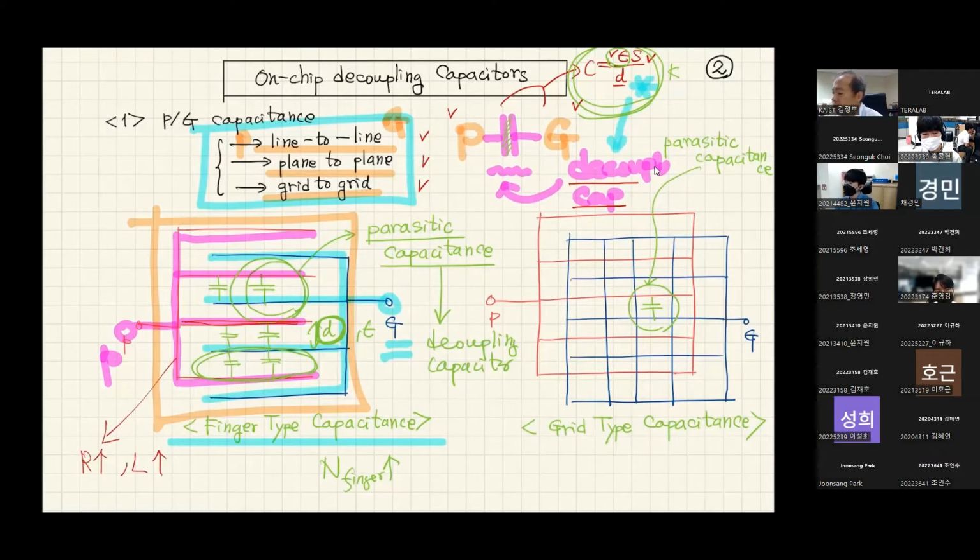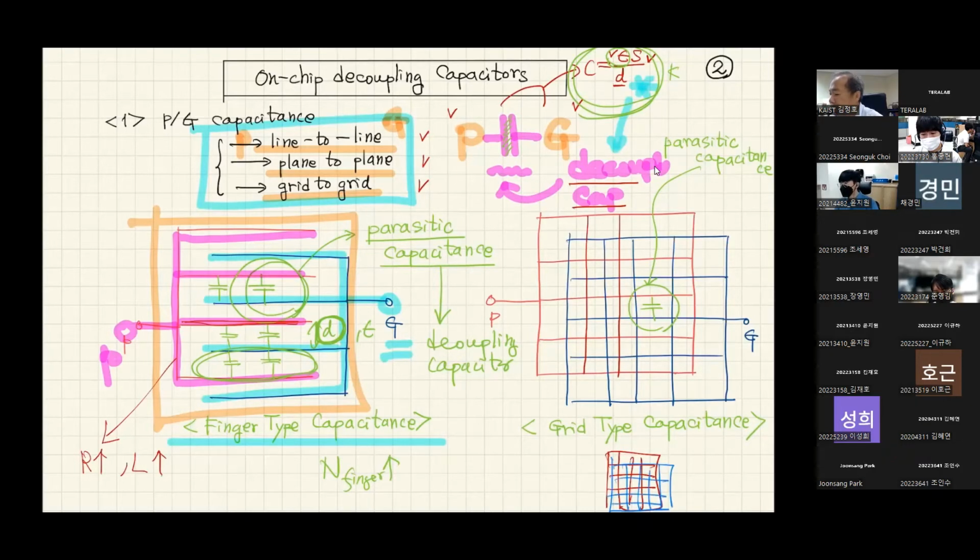Another type of decoupling capacitor is grid type decoupling capacitors. Rather than having fingers, we have grid type power lines, and the ground also has the grid type.